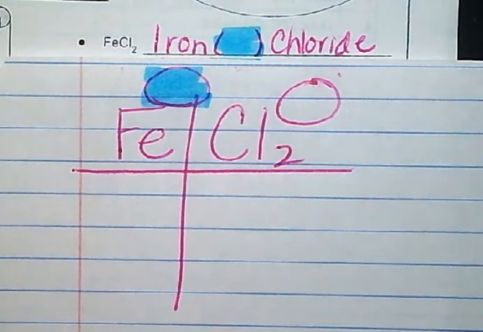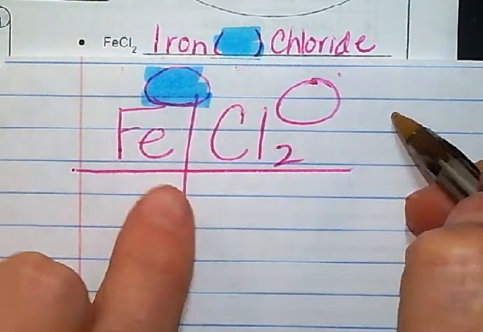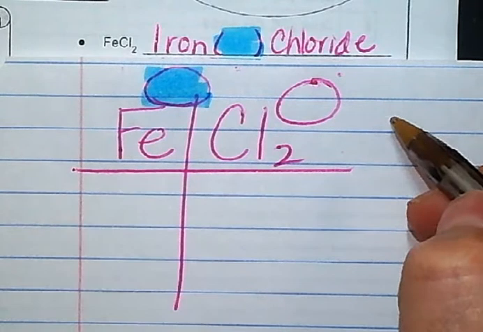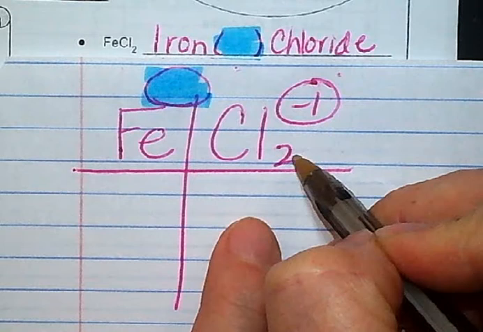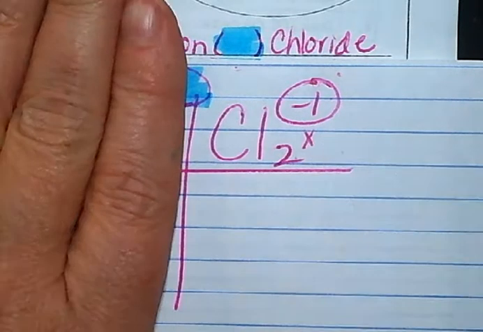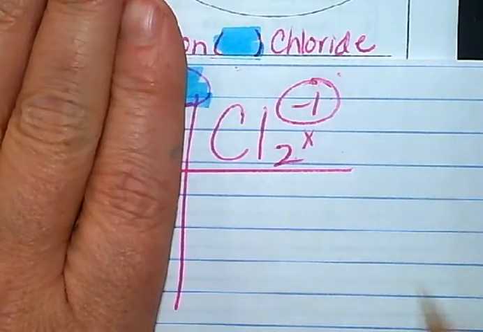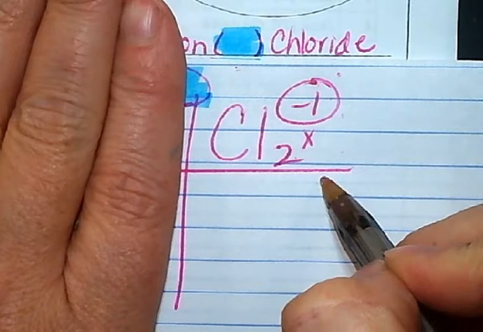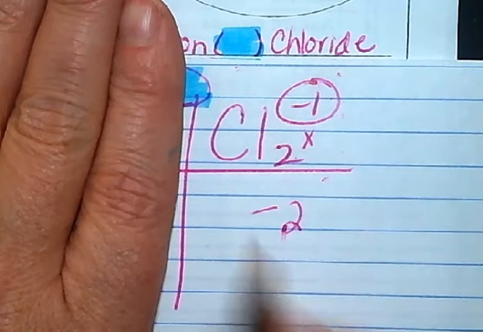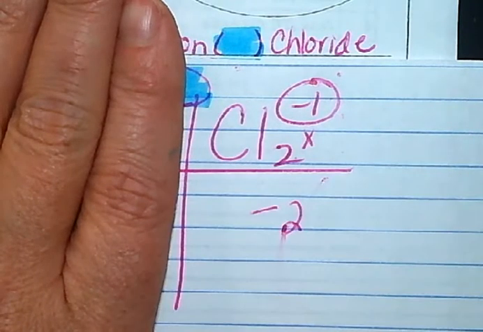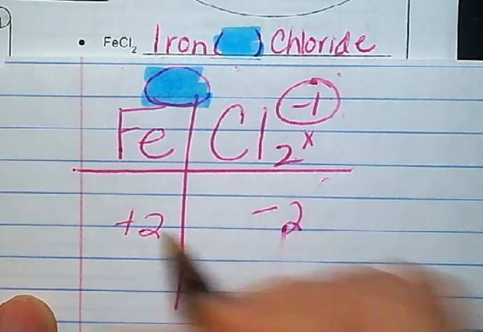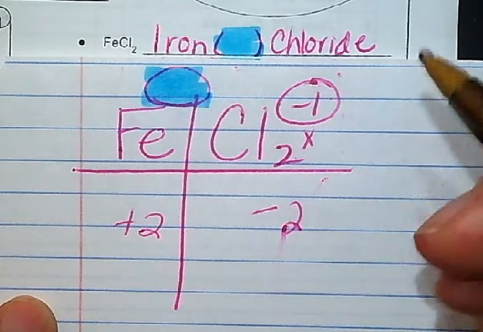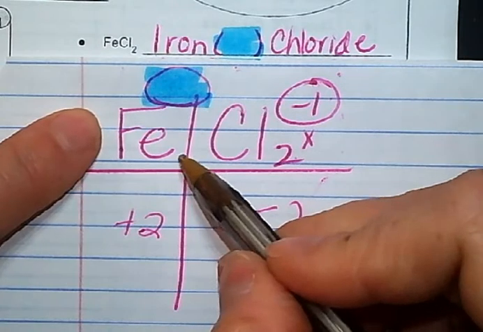All right? So what is my oxidation number for chlorine? I have to go to the periodic table. -1. So I have to take the oxidation number times the subscript to get the charge for this side. -1 times 2 is -2. So this whole side has a -2. If this side is -2, I know this side has to be a +2. So now I'm going to work my way back up. How many iron atoms do I have? 1.